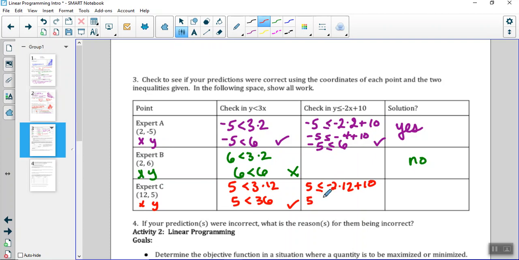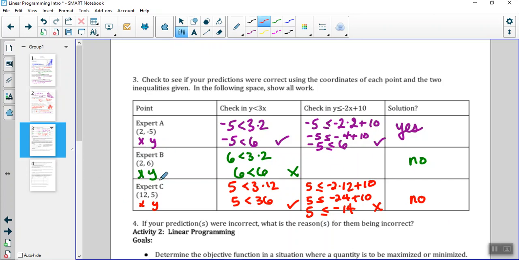I get 5 is less than or equal to -24 plus 10, and 5 is less than or equal to -14. That one doesn't work. So if it doesn't work for either one of them, then it's a no. Number 4 says, if your prediction was incorrect, what are the reasons? So if you did make an incorrect prediction, you would want to write your reason here.